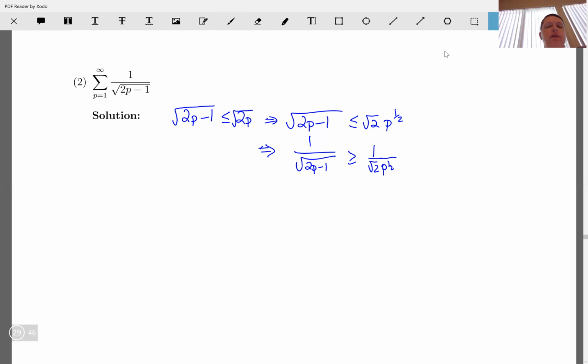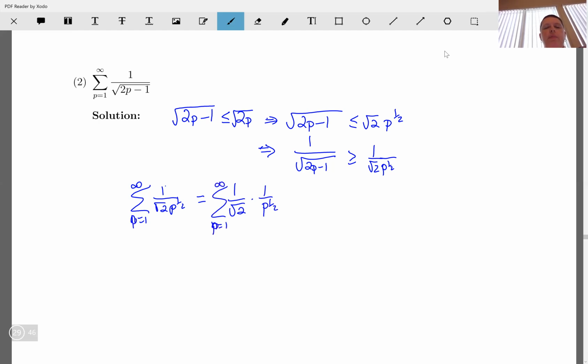Since this is true, now let's look at the summation n going from 1 to infinity of 1 over square root of 2 p to the 1/2. First of all, 1 over square root of 2, we can write that as a product of those two.